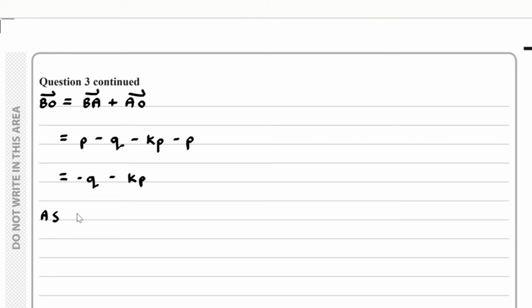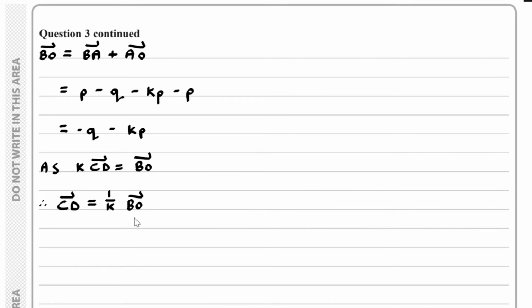As K CD is equal to BO, we can therefore conclude that CD equals 1 over K times BO. So we have found the fraction of BO by dividing by K.